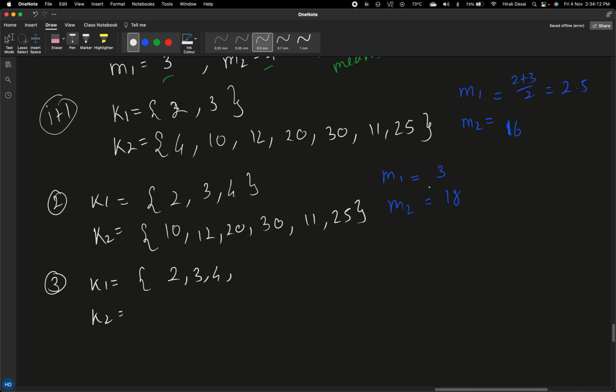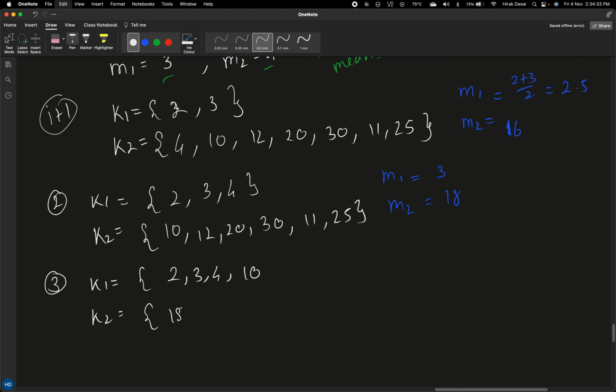The question arises for 10 again. 10 minus 3 is 7, and 18 minus 10 is 8. So 10 becomes a part of this set, K1. 12 minus 18 is 6, and 12 minus 3 is 9, so obviously 12 becomes a part of K2.